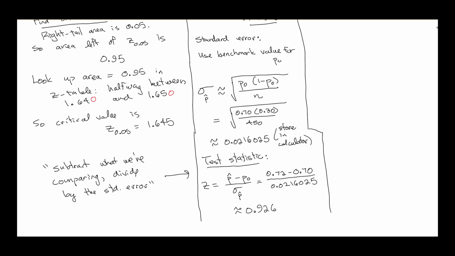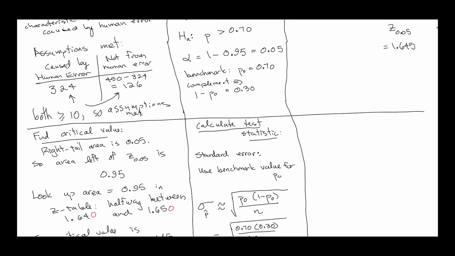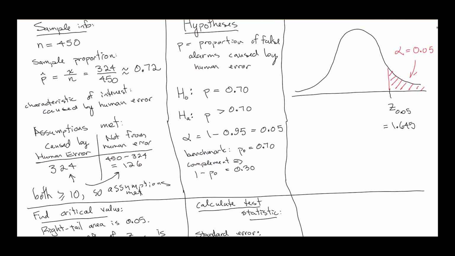So I'm going to go back up here and put that on my picture. So where is 0.926 going to be? 0.926 is going to be over here somewhere, right?